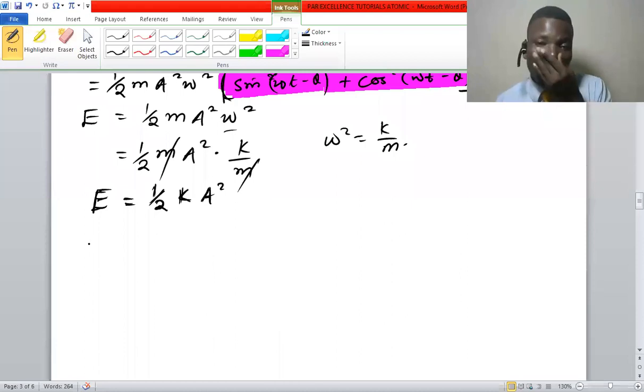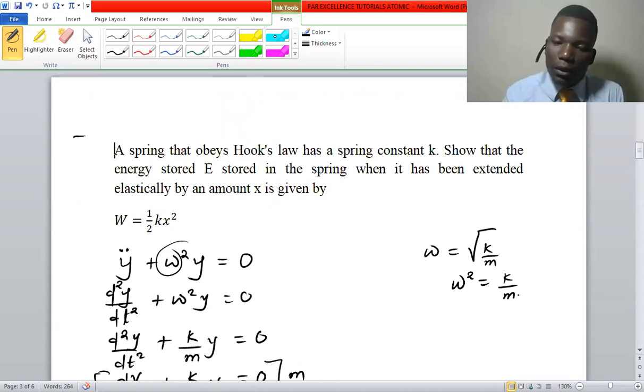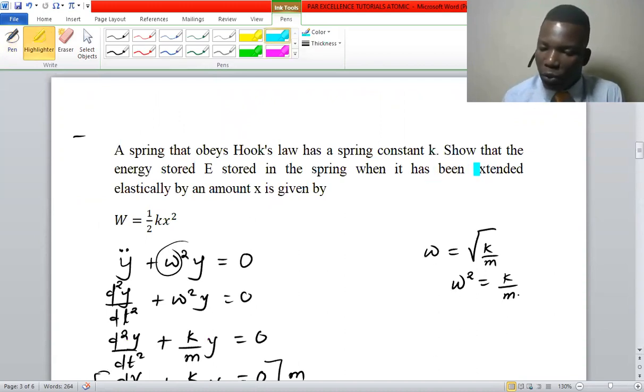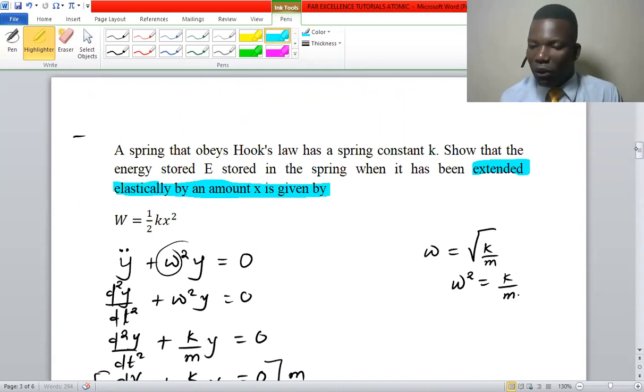So now we've been taught to say this. Let's check out the statement. We've been taught that the spring has been extended elastically by an amount of X. So this amplitude is actually the maximum displacement.